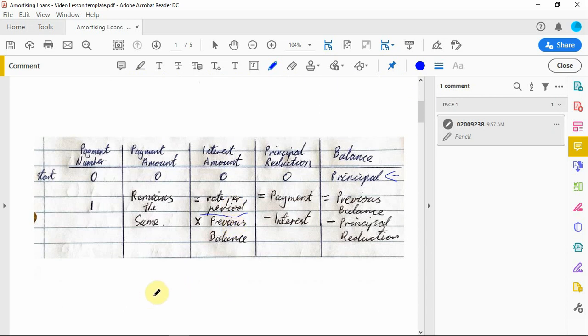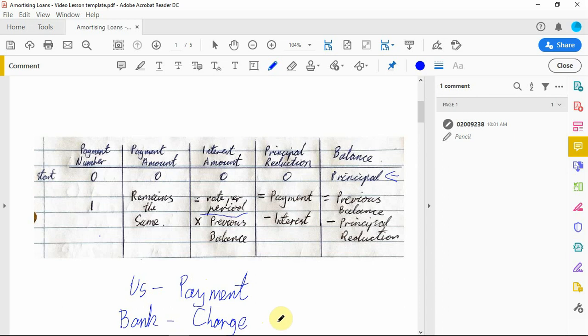So when we're looking at this, we've paid some payment, so let's say us, we do the payment. Bank charge us interest.